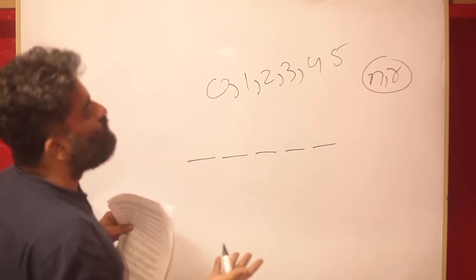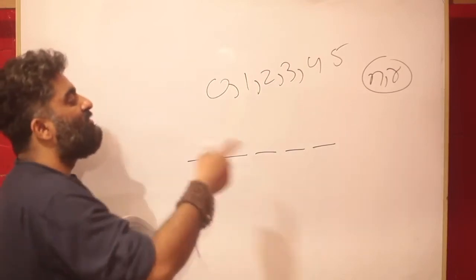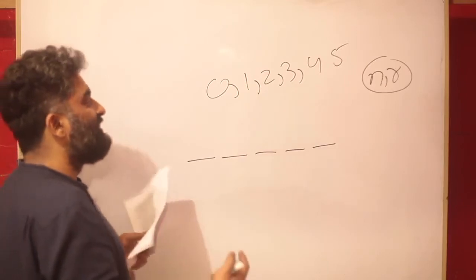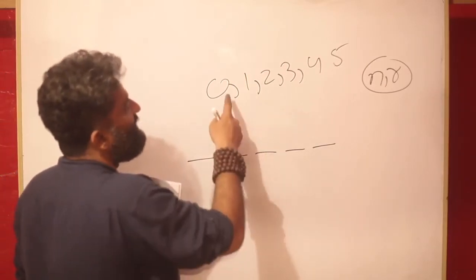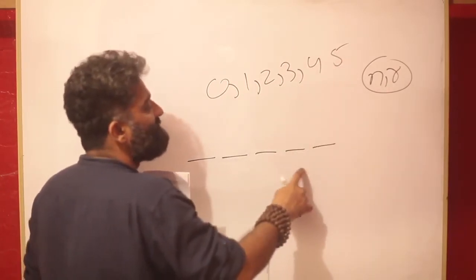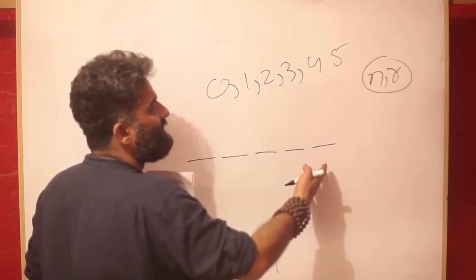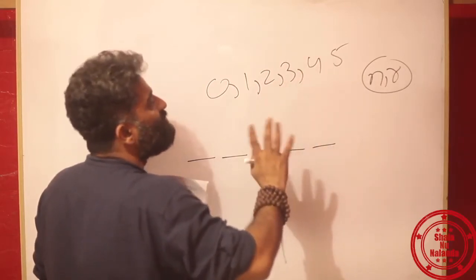So divisibility rule of 3, you should remember that divisibility rule of 3 is sum of the digits should be divisible by 3. Right, now do a preliminary analysis, right? So you have 1, 2, 3, 4, 5, 6 digits, but you have only 5 possibilities, 5 ways of putting them here, right? So out of these 6 digits, you know one of them is not going to be considered.